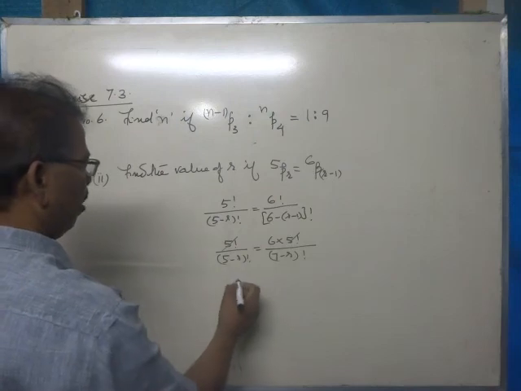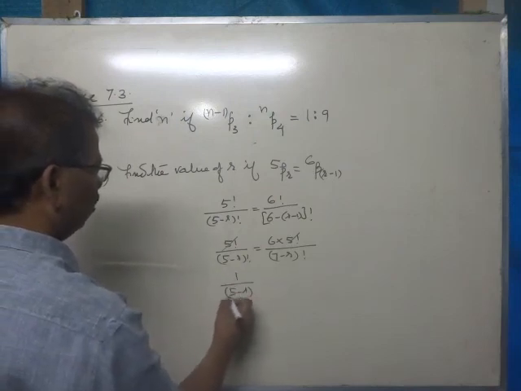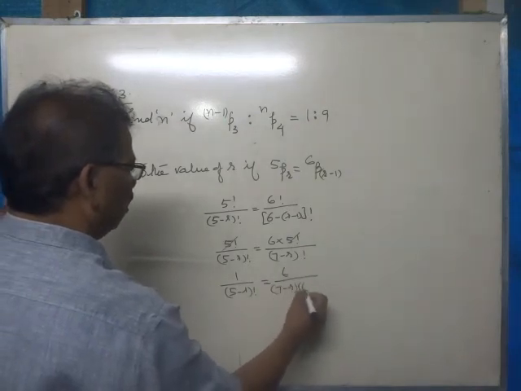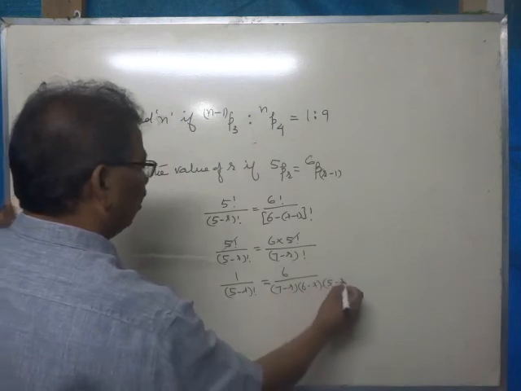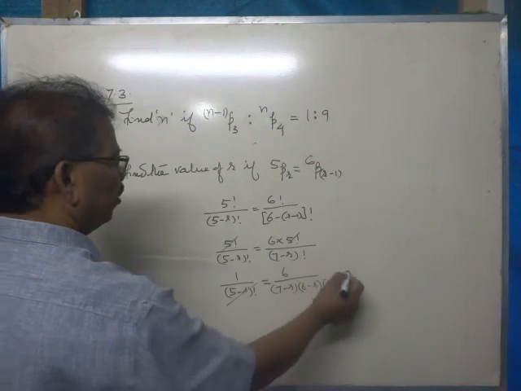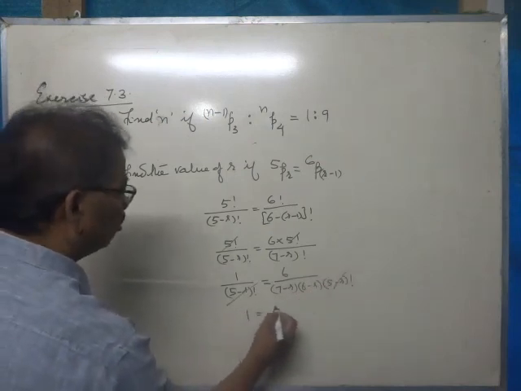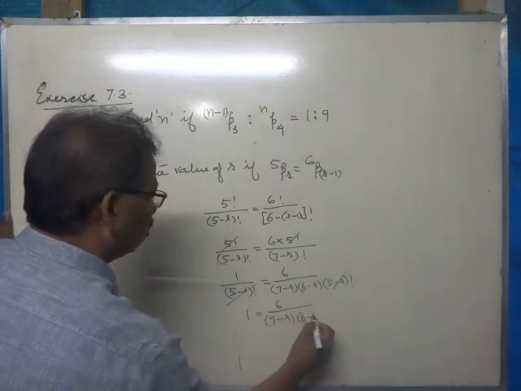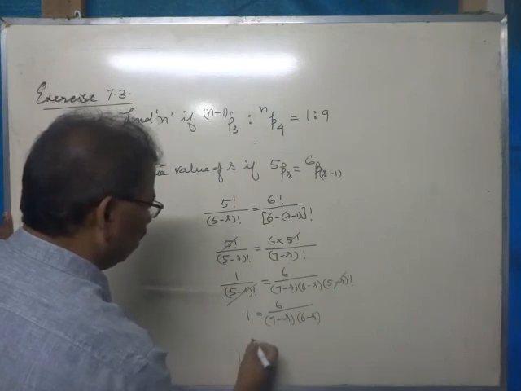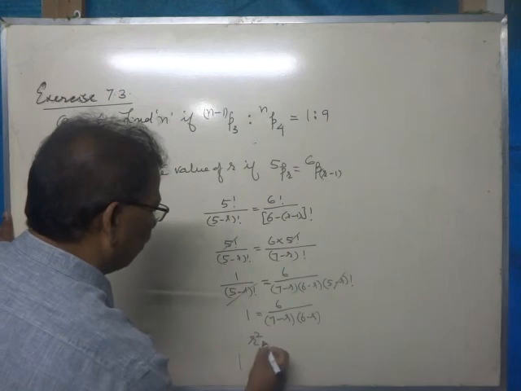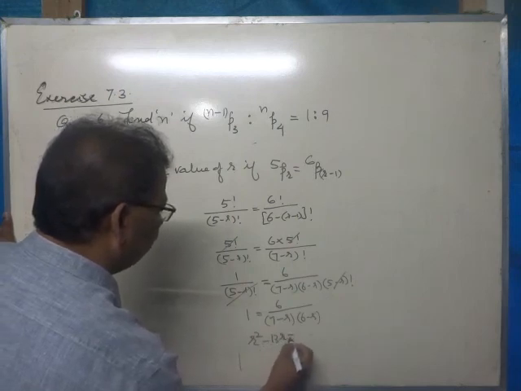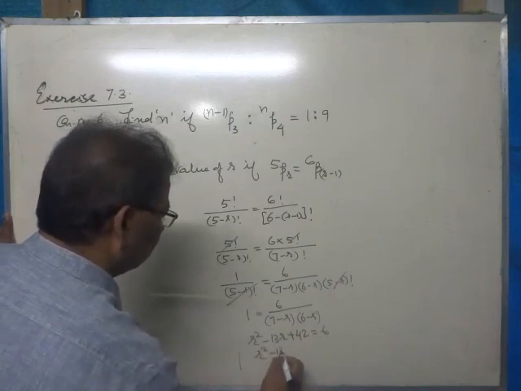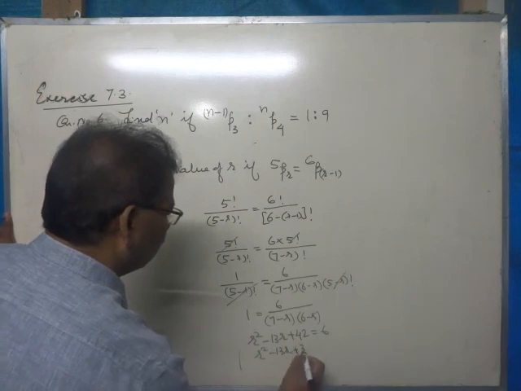That is to say, 1 by (5−r) factorial is equal to 6 by (7−r)(6−r)(5−r) factorial, of which 5−r and 5−r got cancelled. 1 is equal to 6 by (7−r) into (6−r), that is r² minus 13r plus 42 is equal to 6, or r² minus 13r plus 36 equals 0.